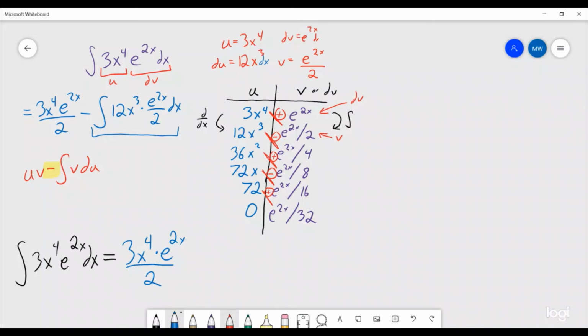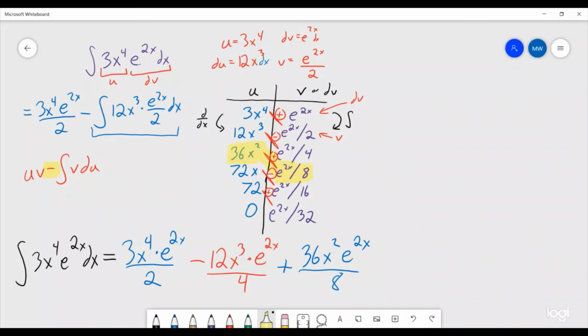Then we have a minus, because the next term is negative, and the next term is 12x cubed times e to the 2x all over 4. And then the next term is plus, so plus 36x squared times e to the 2x over 8. And that is just this going down the diagonal with this term.